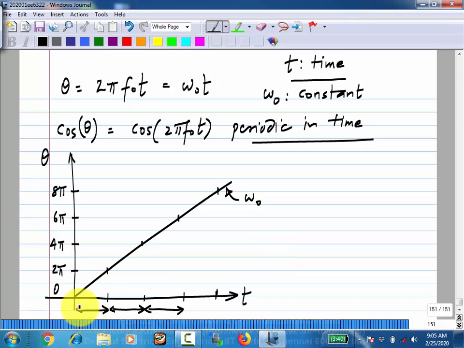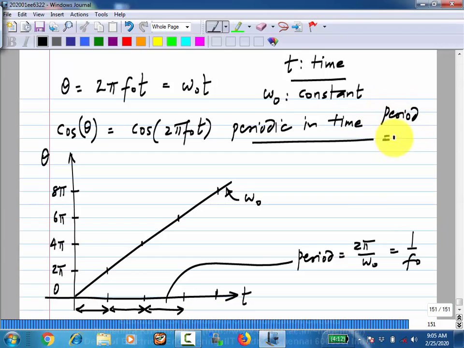And what is this interval? Obviously it is 2 pi by omega naught or 1 by f naught. So if the total phase theta varies linearly with time, then the function is also periodic in time, and the period is 2 pi by omega naught or 1 by f naught.